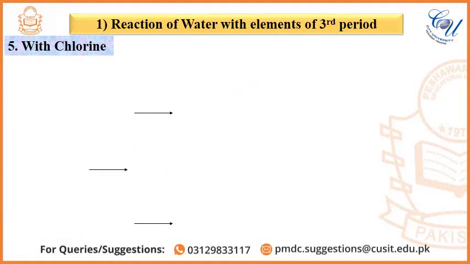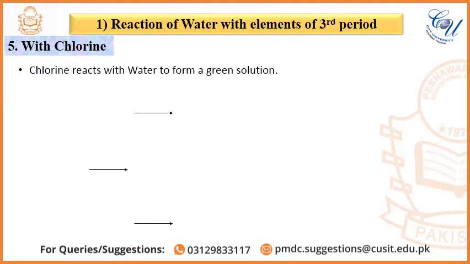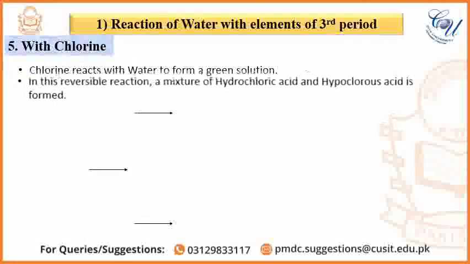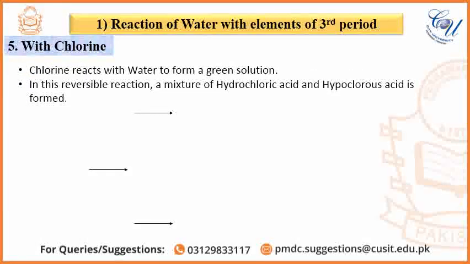The fifth member of the third period is chlorine. When chlorine was allowed to react with water, it formed a green solution. This is a reversible reaction in which a mixture of hydrochloric acid and hypochlorous acid is formed.